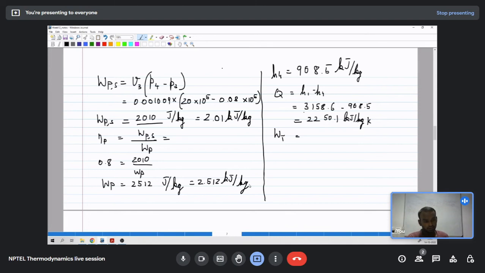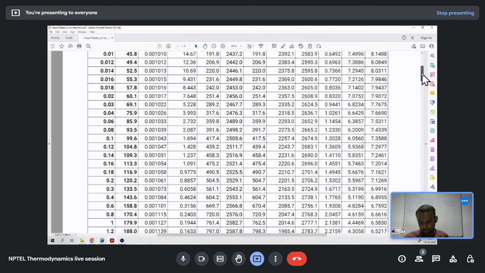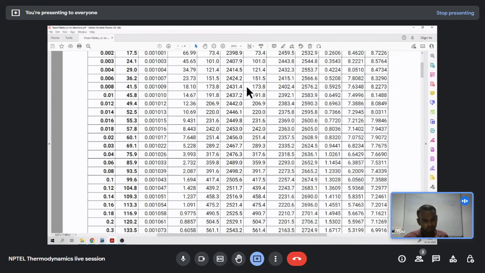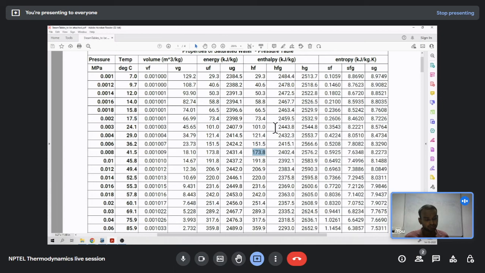So in that case we can also calculate H4 as H3 plus this pumping work. H3 we had here, it is 173.8. That would be the right way to do it.